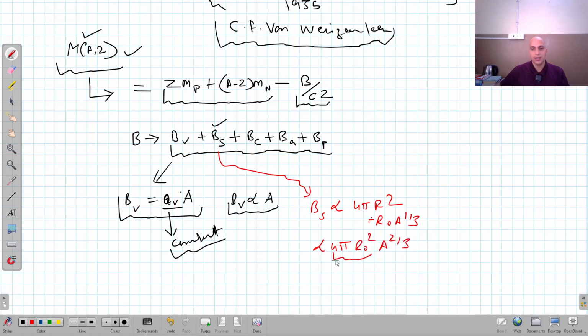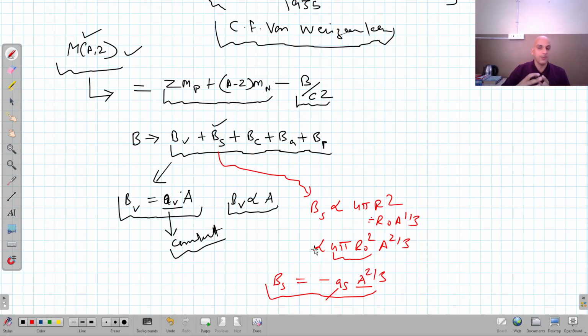All these things are constant, so I can merge them into one constant. So B_S will be equal to minus A_S A to the power 2 by 3. Here A_S is again a constant corresponding to the surface energy, and A is the mass number of the nucleus. This term is taken as negative because it has to be subtracted from the total binding energy, since it reduces the stability of the nucleus.